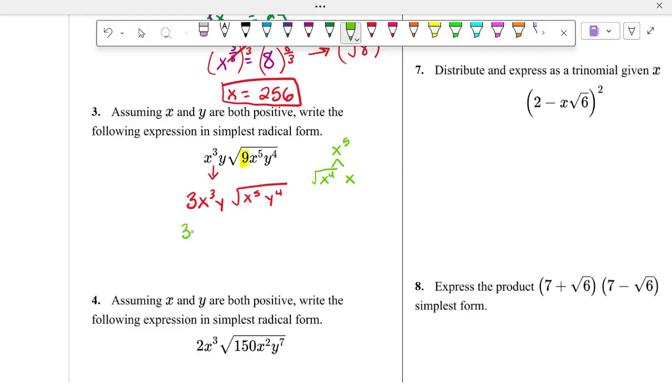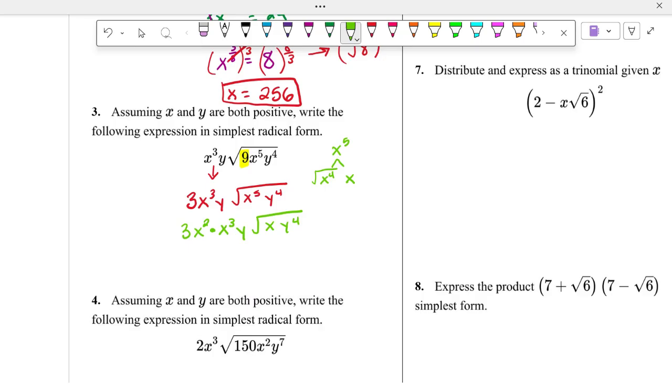So I get 3x squared times x cubed y. Then I have x y to the 4th. Why am I multiplying the x squared to the x cubed? Because you have to. That x cubed doesn't just go away.